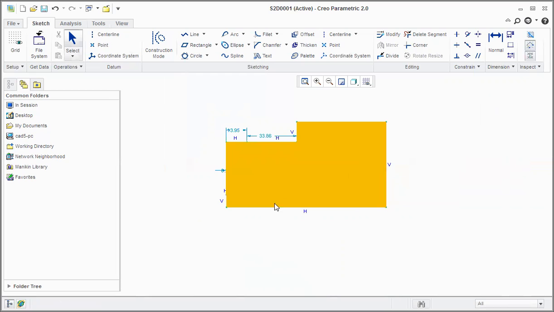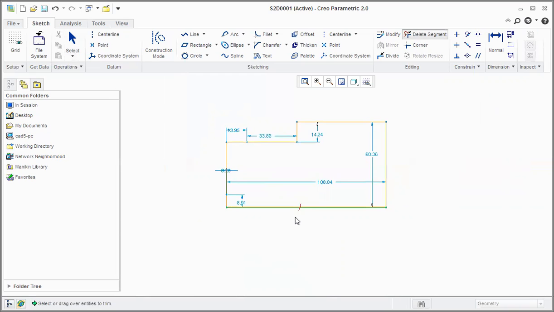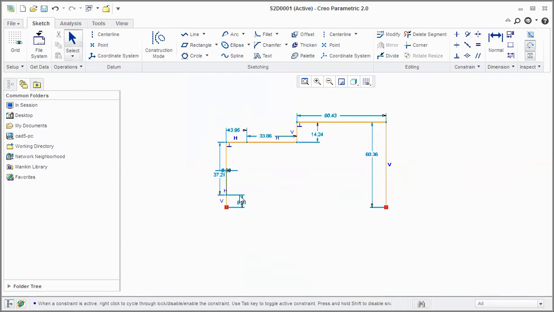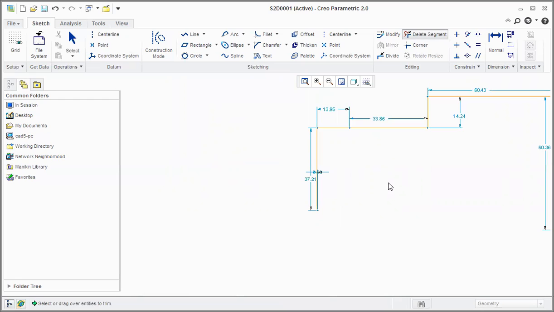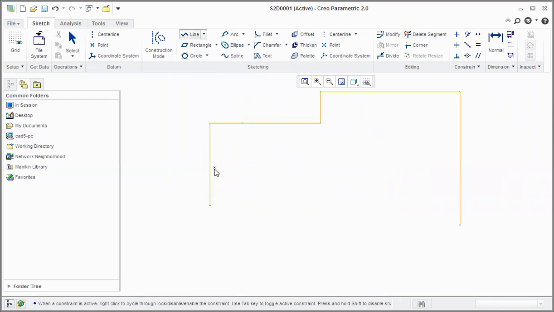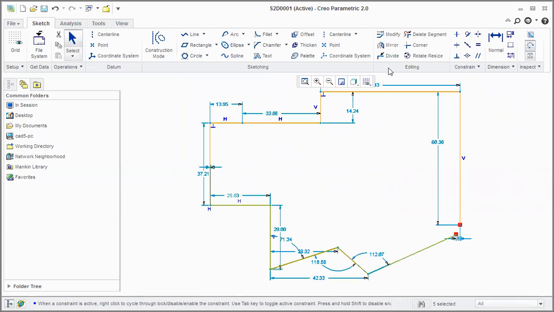So this is our object. After that, the next command is the parallel constraint.